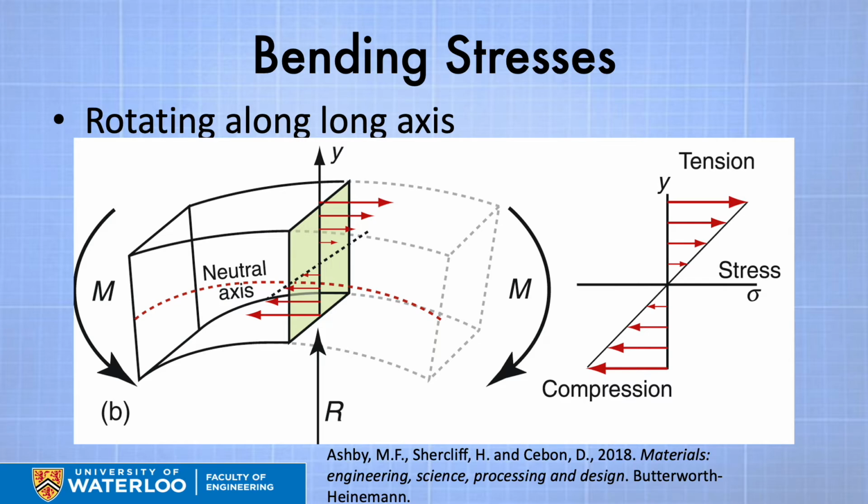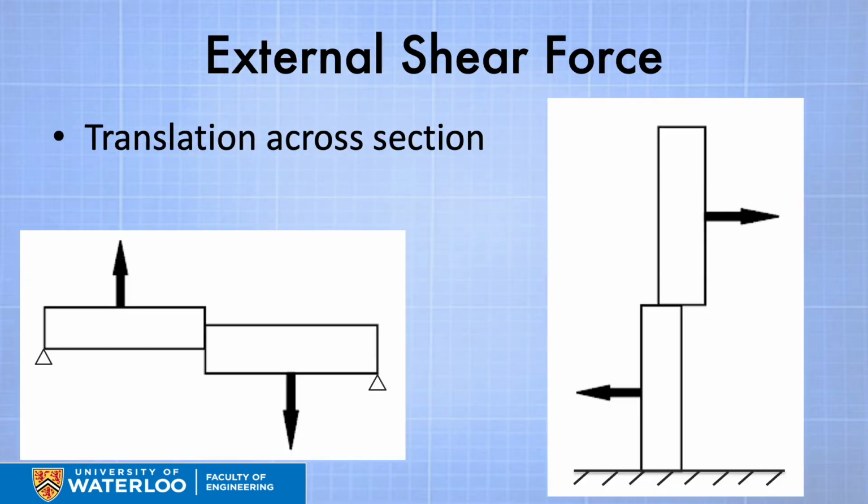Because it's a linear elastic assumption, we create a triangular stress distribution, as you can see on the right side of this chart. This allows us to predict both the resisting capacity of a bending element, but also the stresses that will result from bending imposed on it.